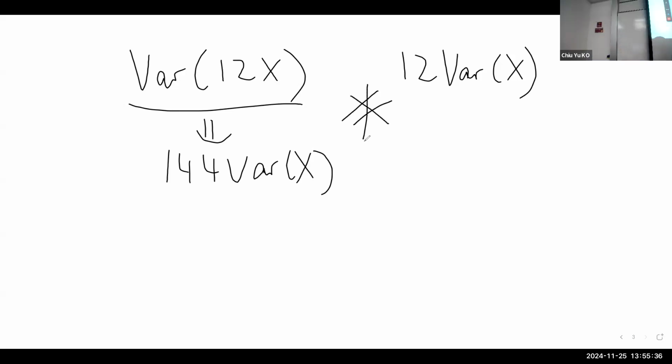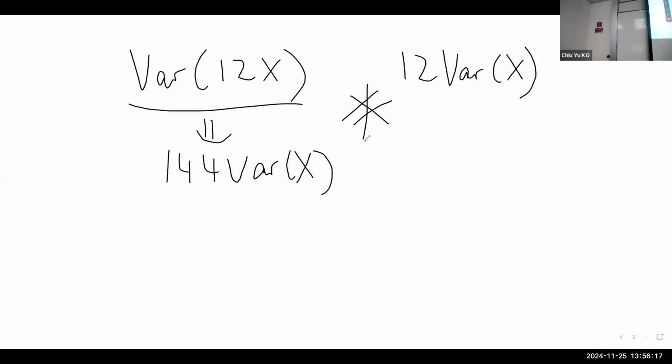Why is that actually? That is what finance is about. Suppose X is your market price or stock return. 12X means you put 12 times into one stock. If the variance of X is for one stock, the variance of 12X will be 144 times, because every loss and gain is multiplied by 12, and variance is squared, so it's up by 144.